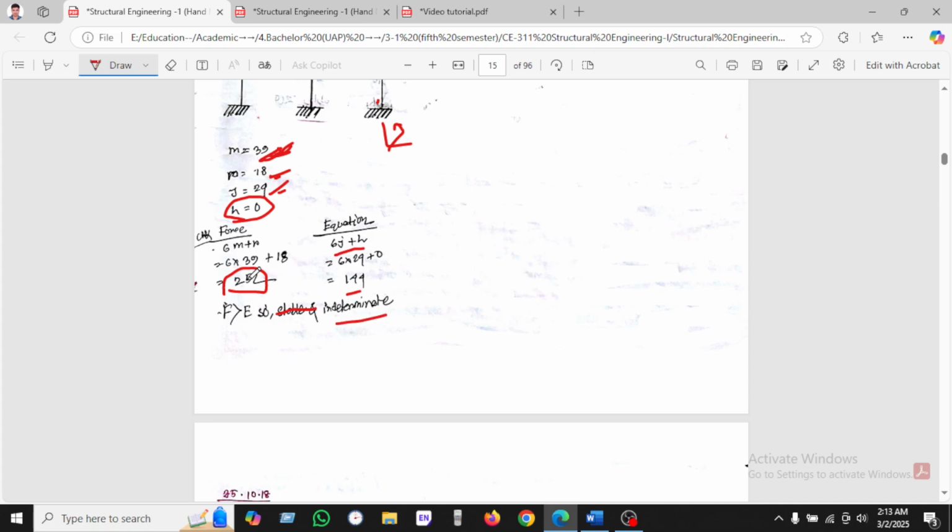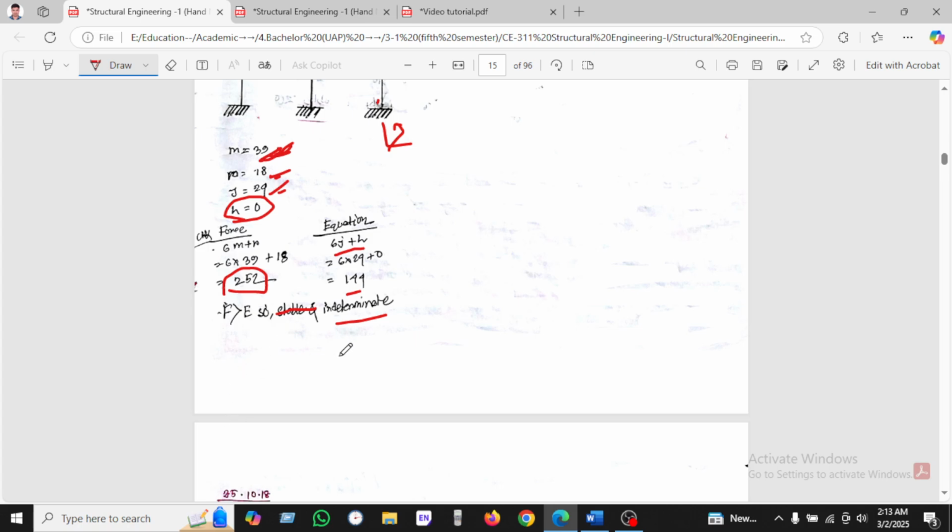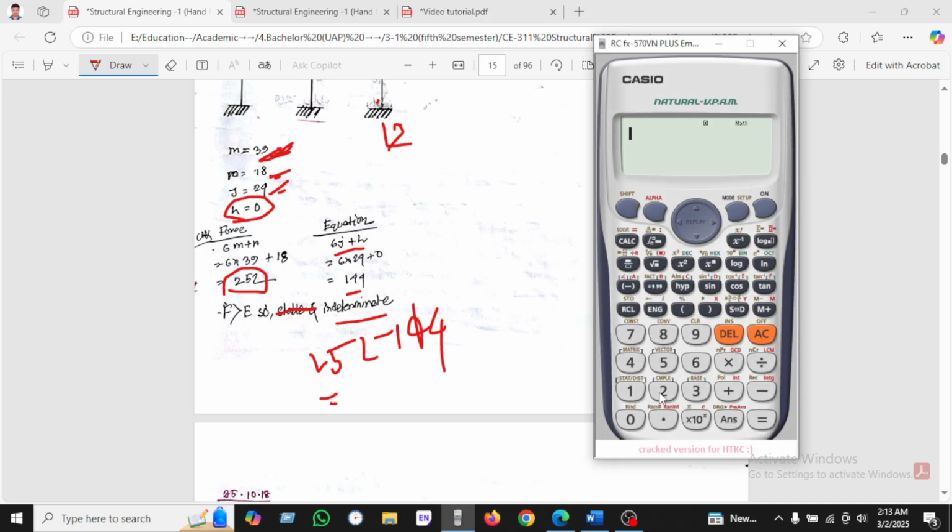Or if we use this formula, then it will be 252 minus 144. I'm just using the calculator. 252 minus 144. So this will be 108.